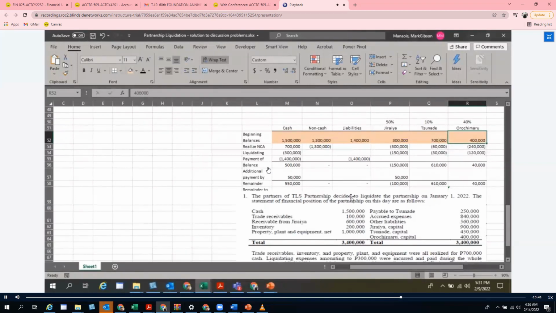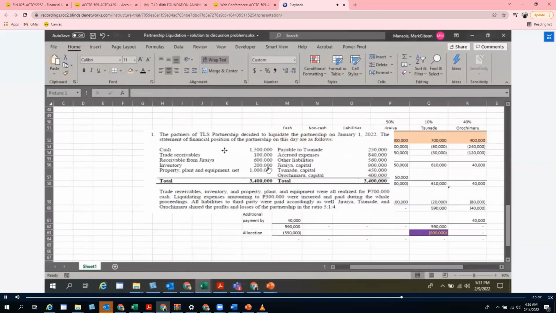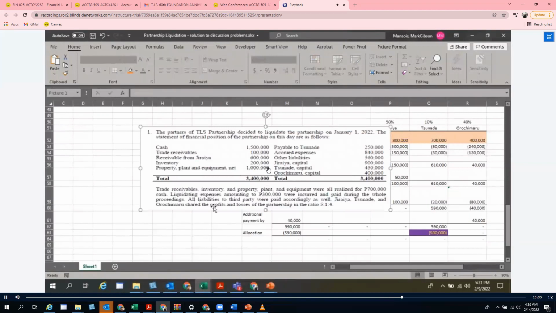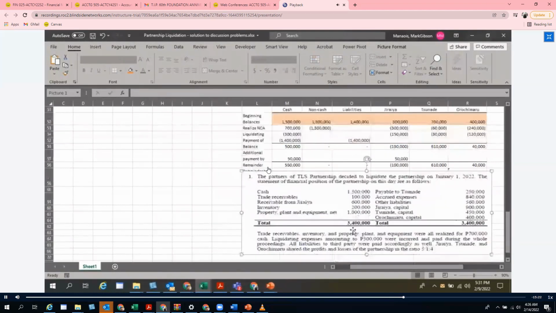Okay, so let's go now to the different steps in the liquidation process. Step number 1, realization of non-cash assets. The problem says trade receivable, inventory, and property, plant, and equipment were all realized. In layman's terms, they were all sold for 700,000 pesos cash.